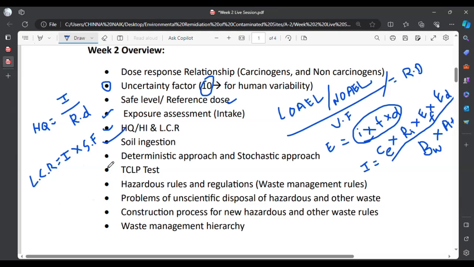In the deterministic approach we generally go with a particular selected point data, and in the stochastic approach we go with distributions, like the probability distribution functions we discussed, such as normal and lognormal distributions, with mean and standard deviation.